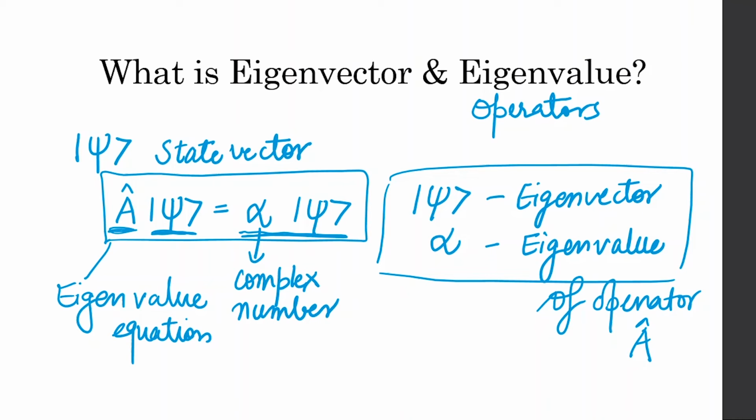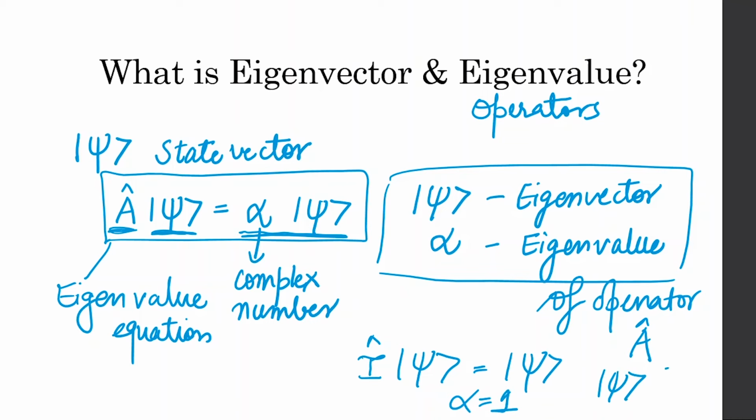This is the basic concept of eigenvector and eigenvalue. Take a simple example of the identity operator. I operating on any state psi gives us psi. So here our alpha is equal to 1 and psi is our eigenvector.